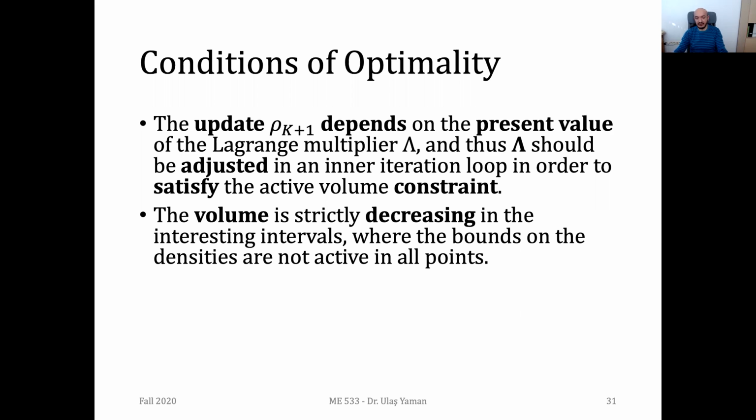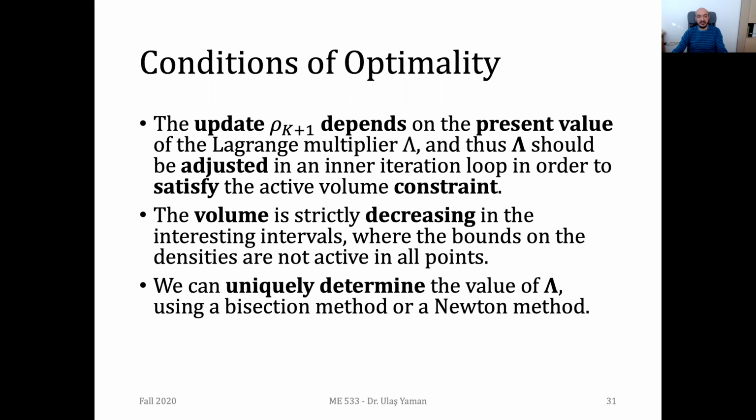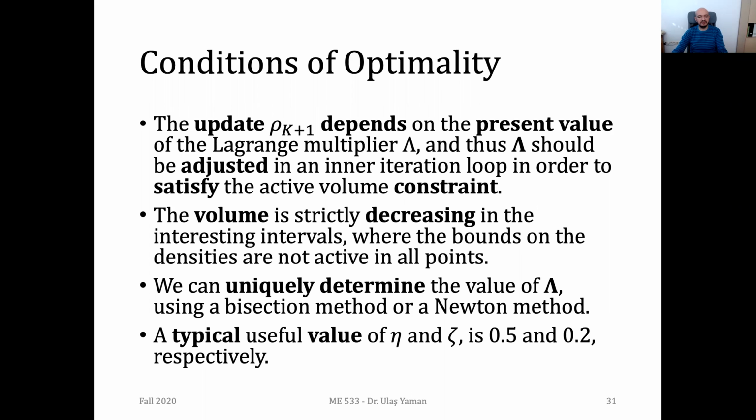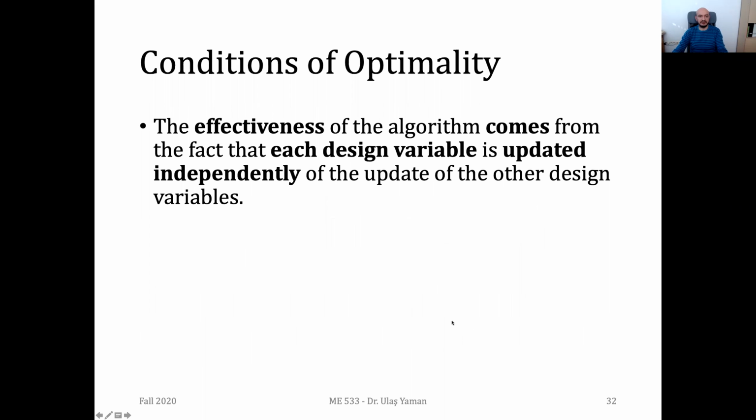If you're toward the end of this optimization, then probably there will be less change, but at the beginning, we expect to see much change. In order to determine the value of lambda, we may use bisection methods or a Newton method. This is kind of an implementation approach. It's up to you. There are papers and studies using different methods. And for typical values, eta is 0.5 and zeta is 0.2.